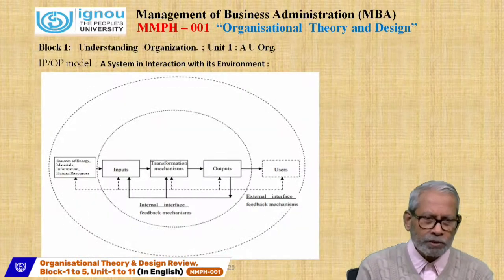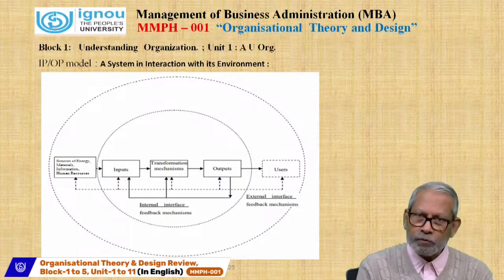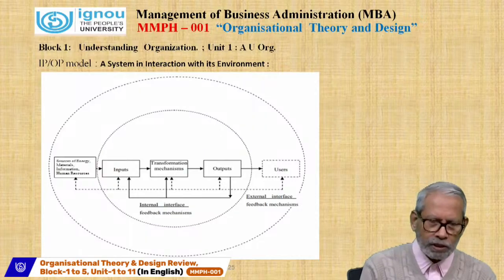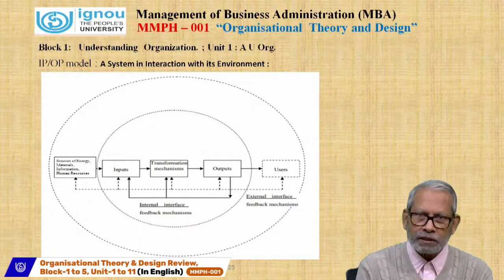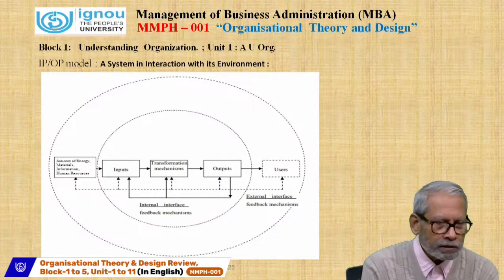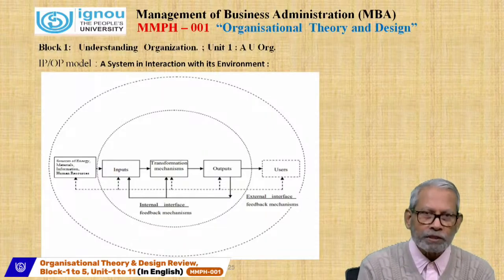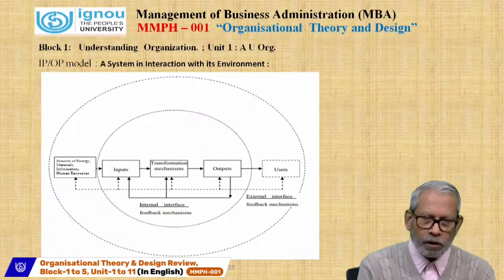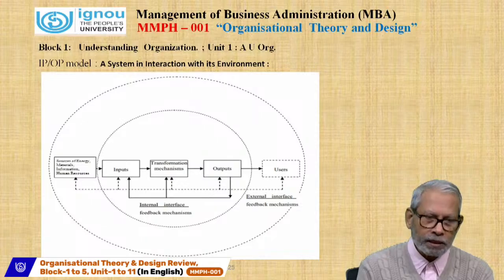Now here is a diagram of the system's interaction with the environment, how it has interacted with the environment. You see in the central circle there are inputs, then transformation mechanisms and output. There are totally internal parts, and on the external side there are some interfaces. On this side are your resources: energy, materials, information. These are all inputs taken externally.